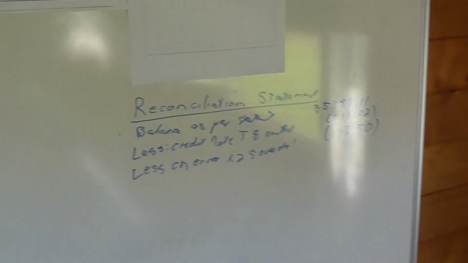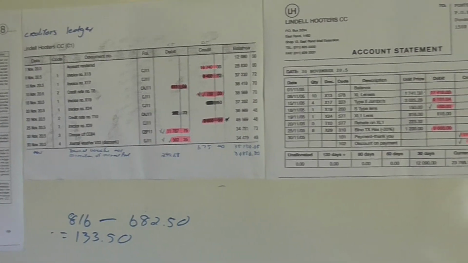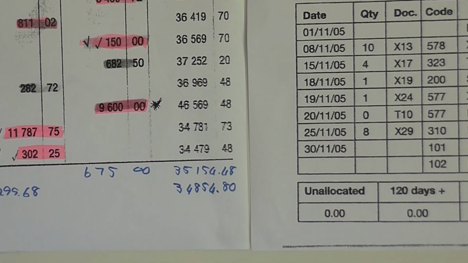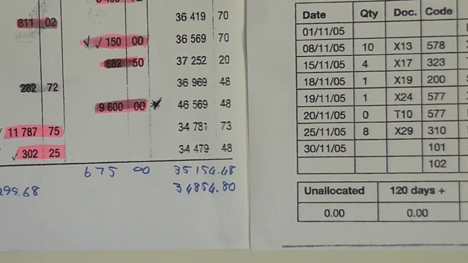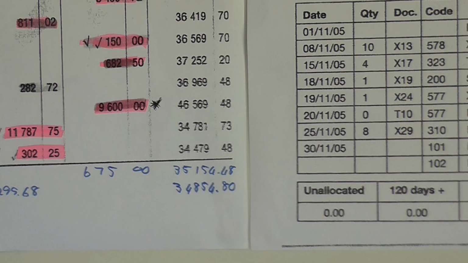So now let's go highlight it. So that was 682.5. So that one, and the corresponding entry for the creditors was 816. So we highlighted. Oh, it looks like we are almost done. Can't believe it. Okay, so let me just move this back again.